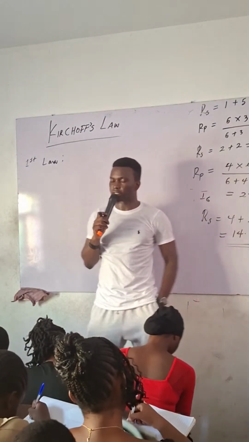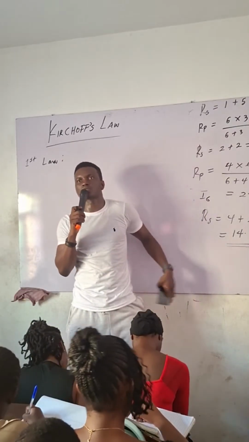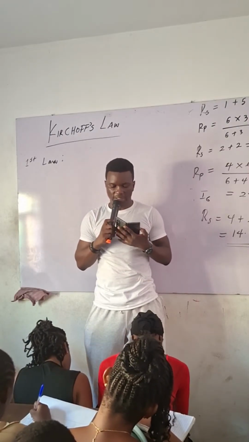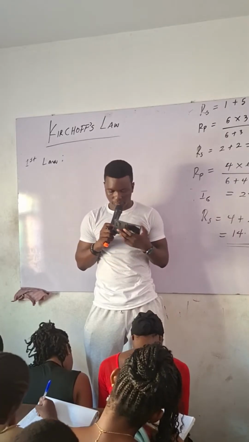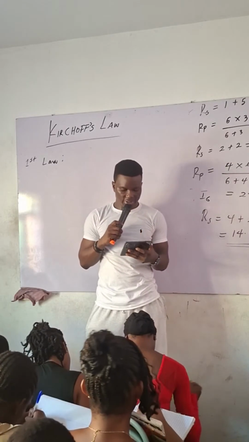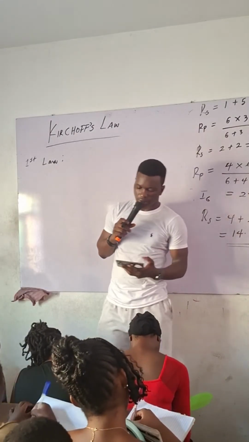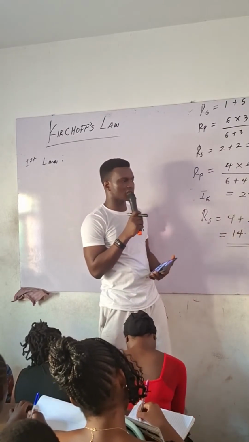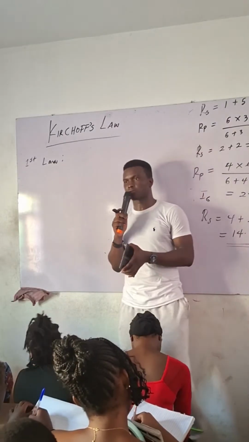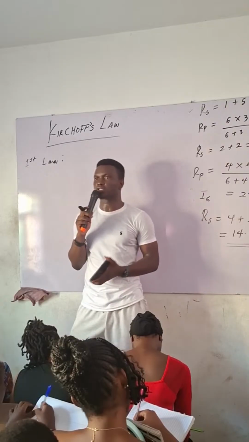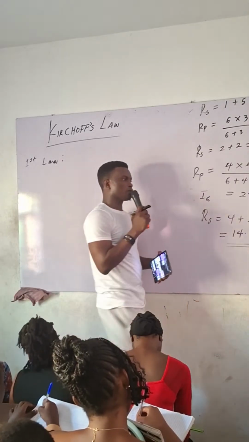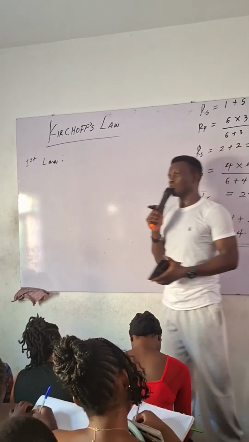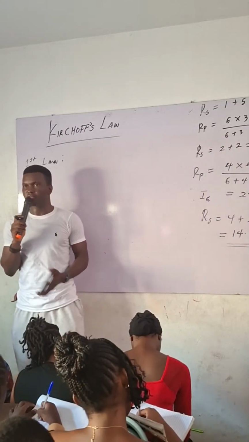This is also known as the law of conservation of charges, which states that the total charge entering a junction will be equal to the total charge or current leaving the junction.